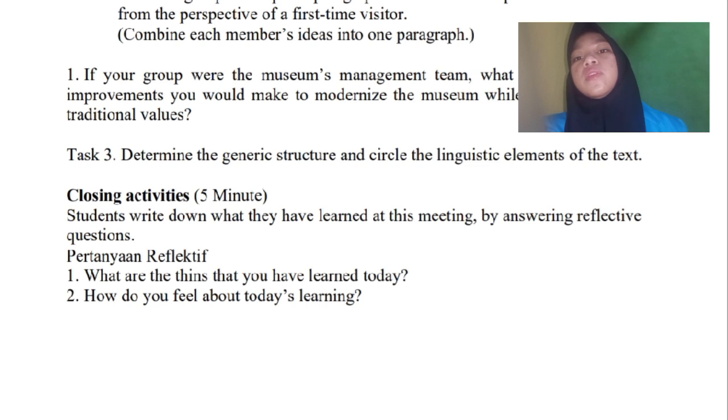How do you feel about today's learning? At the end of the lesson, students are asked to reflect on what they have learned. They share what they understand and how they feel about the lesson. The teacher closes the class.